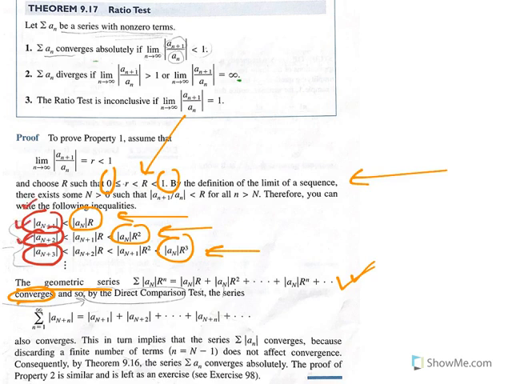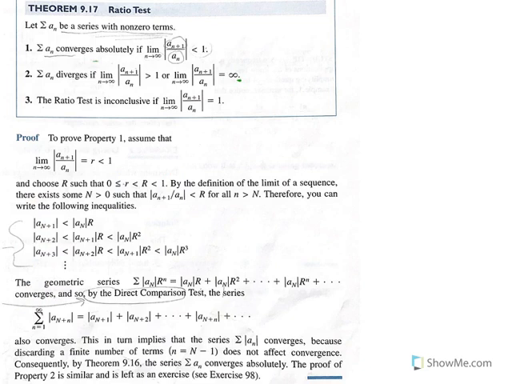And because this other series has terms that are smaller than the corresponding terms of the convergent geometric series, this other series must converge by direct comparison. And that's what we're stating here. And so by the direct comparison test, this series also converges.